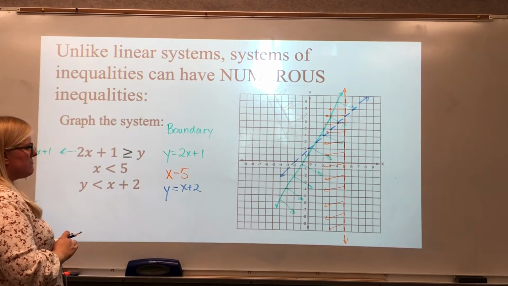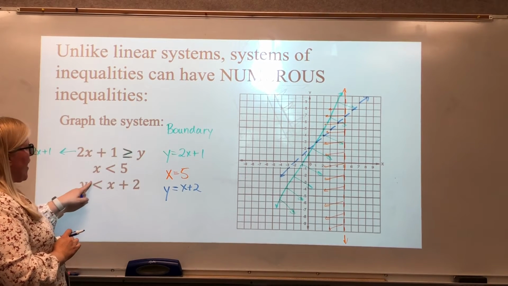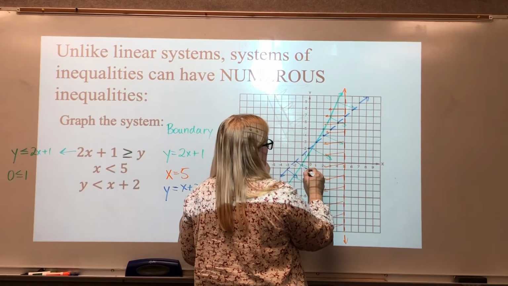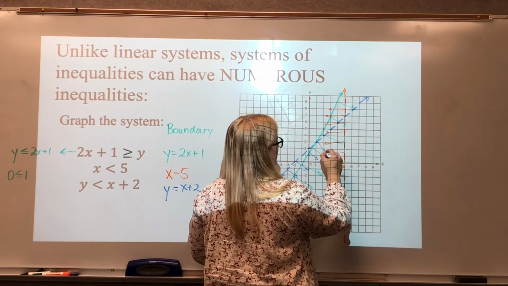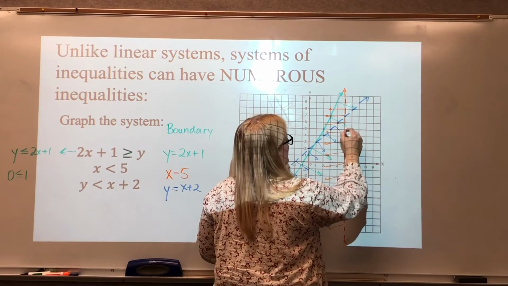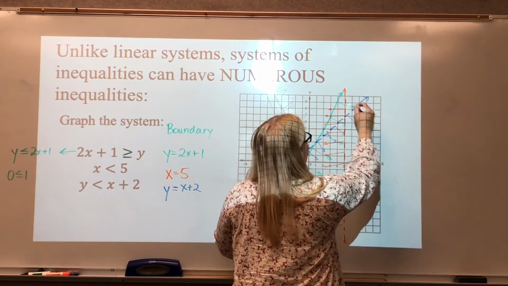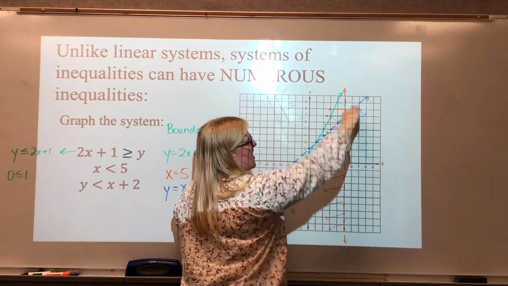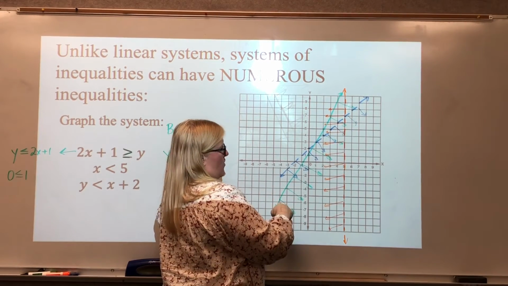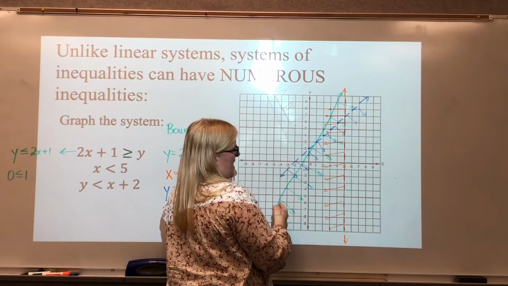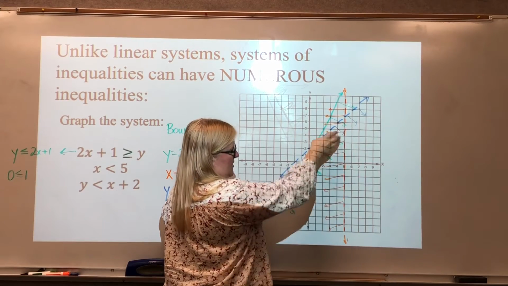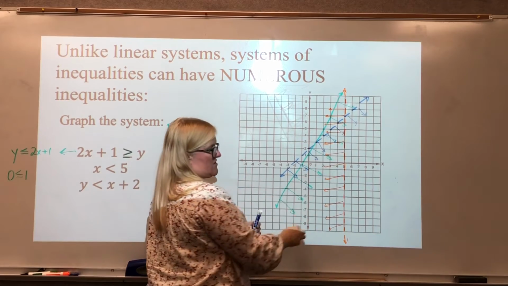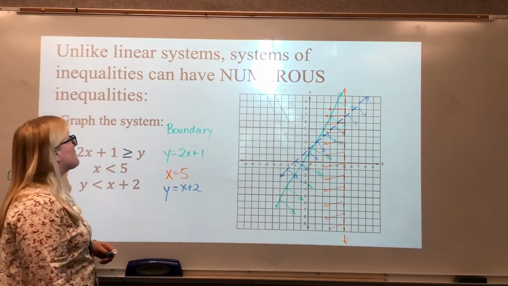Okay? And I have y is less than, so this is going to go down like this. So really what I have is this triangular wedge, but then the top of the wedge got cut off. So I have 1, 2, 3 sides, okay, and it goes on forever, but it caps right here, and the rest of it's filled in right there.